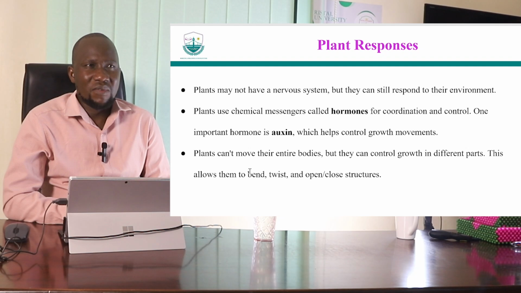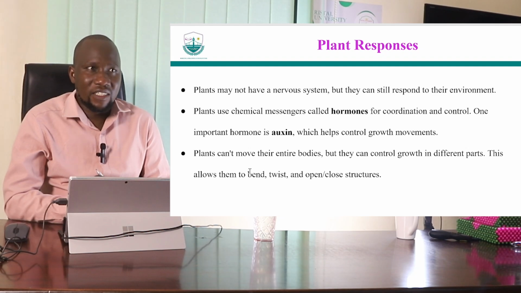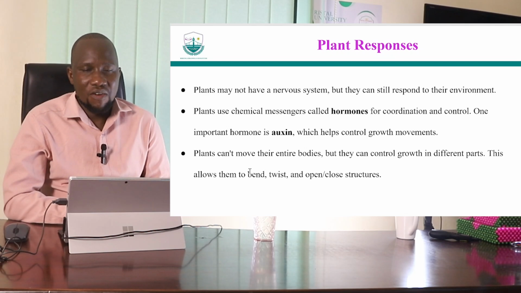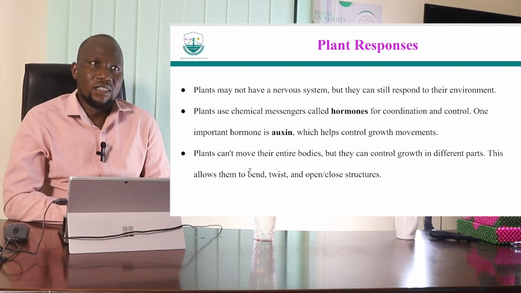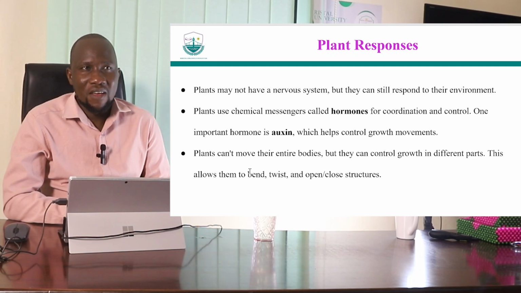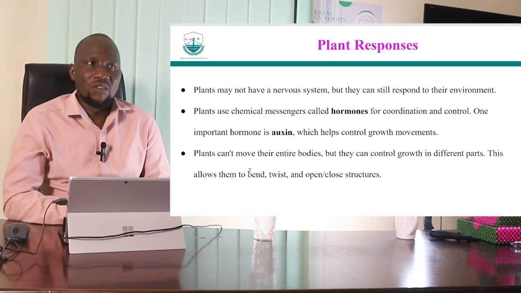So the nervous system is the one that detects the change in the internal or external environment, and then initiates the response. For plants, the plants do not have the nervous system. Okay, they do not have the nervous system, but they can still respond to the changes in the environment.